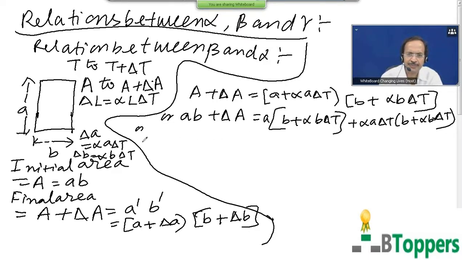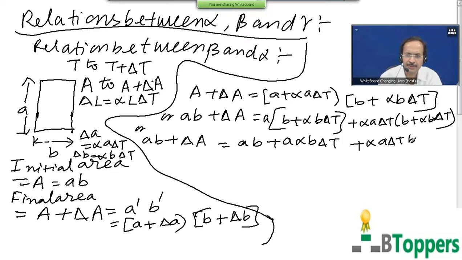Can further expand this. Left side I am writing as it is, ab plus delta A. The right side, when you expand it, is ab plus a alpha b delta T, plus again multiplying these two, alpha a delta T into b, plus alpha square into ab into delta T whole square. ab gets cancelled on both sides.